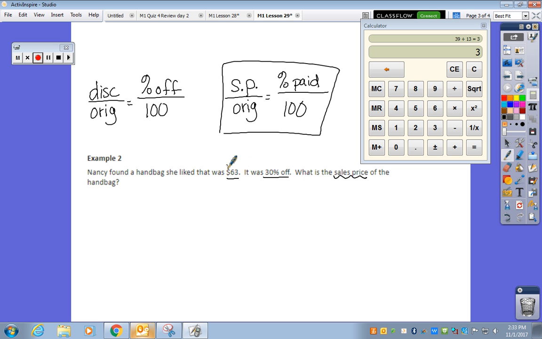We have an original price in this problem, so we shouldn't have too much of an issue here because we can just change our percent from percent off, which would be used over here, into percent paid. So just like we did in the first one, we're going to take 100%, or our total percent, subtract the 30% off, and what's left over is the percent of the item that we actually pay.